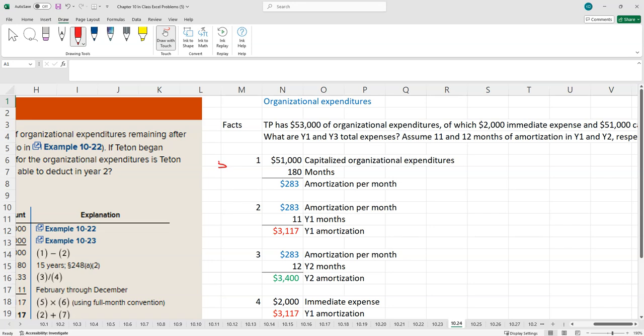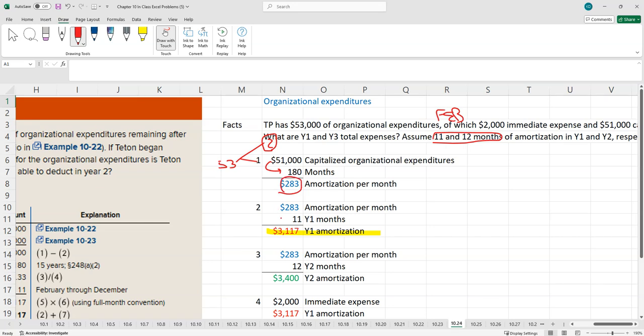We said there was 53, of which 2 we immediately expense. And then, what did we say, 3117 we have to amortize. In this situation, we're going to assume there was 11 out of 12 months. In other words, it must have been February, and we get that full month convention on there. So we get February, March, April, May, June, July, August, September, October, November, December. 11 of the 12 months. So all you do is 51 divided by 180.